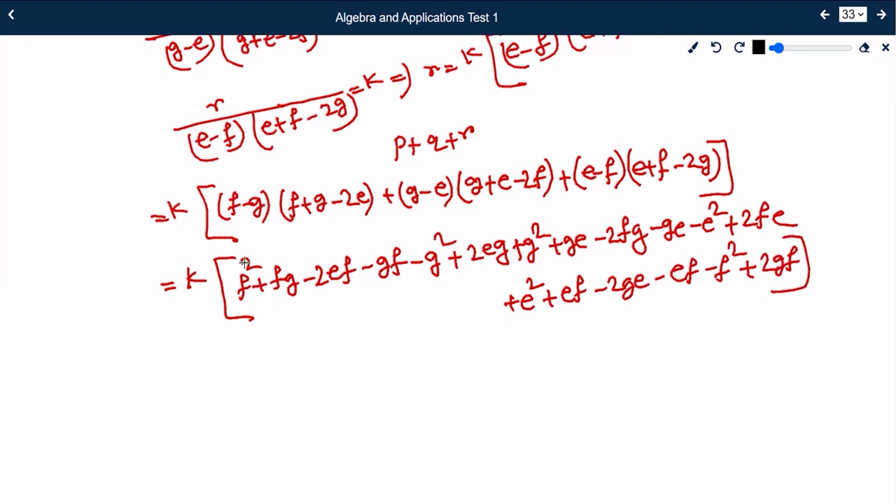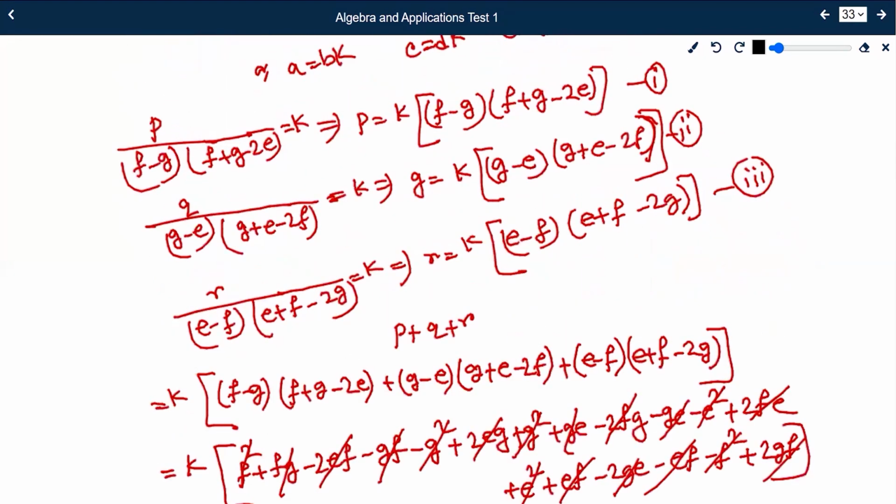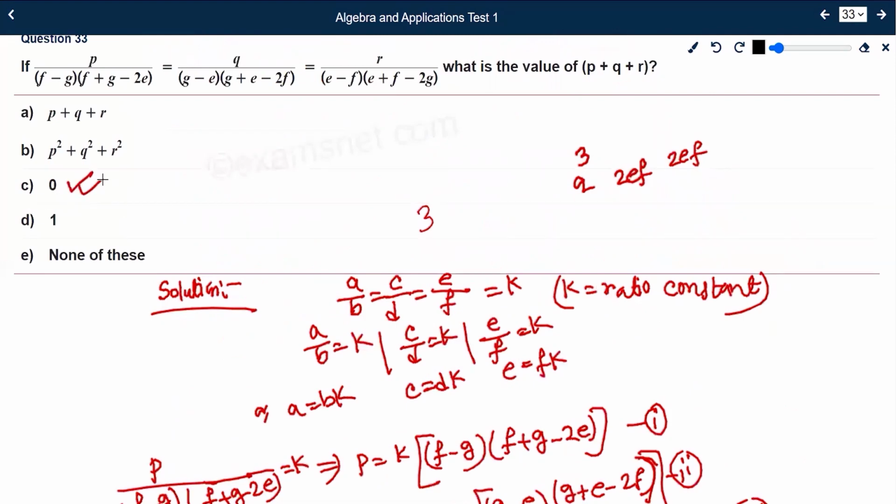So we can see all the terms are going to cancel out. How? fg minus fg, minus 2ef plus 2ef, minus g square plus g square, eg and ge also cancel. Yes, so k multiplied by 0 means 0. That means the value of p plus q plus r is going to equal 0, which is option C, the correct one. Okay.